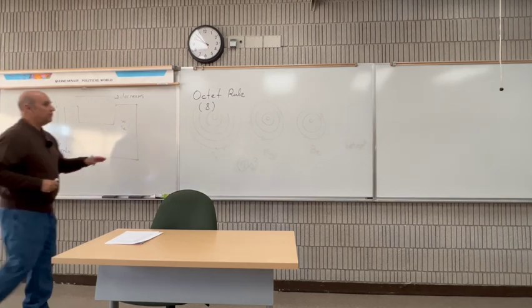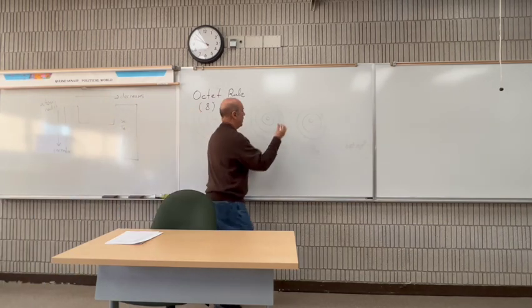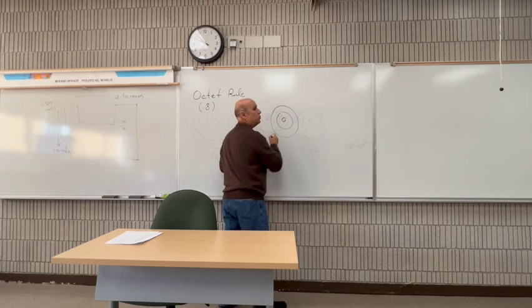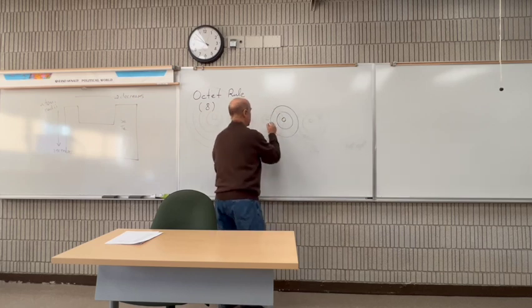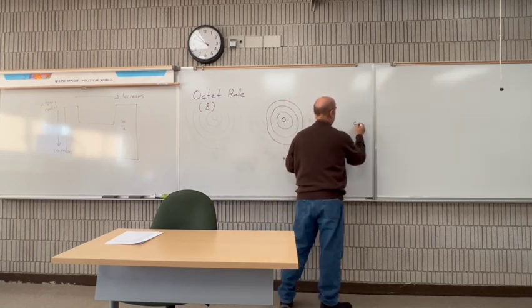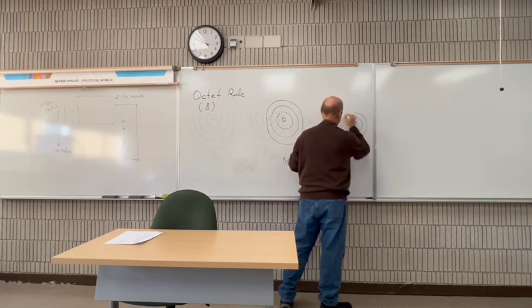When you look at the different elements in the periodic table, I'm going to start with the old one that we've been using, sodium. So sodium has one shell, two shells, I believe, no, three shells. And this is going to be sodium. And chlorine is going to have one shell, two shells, three shells.